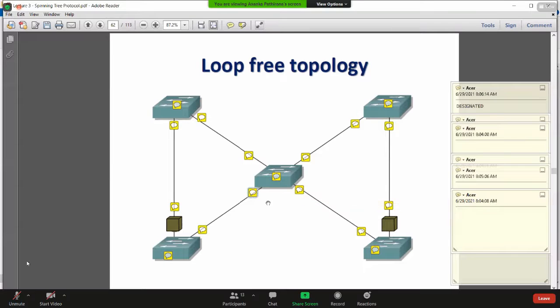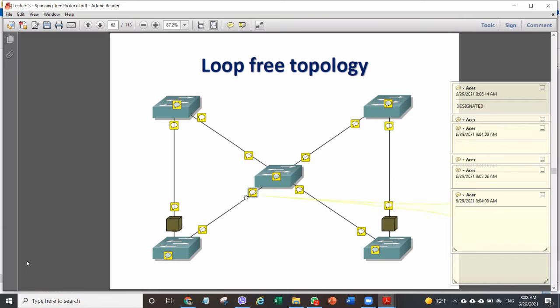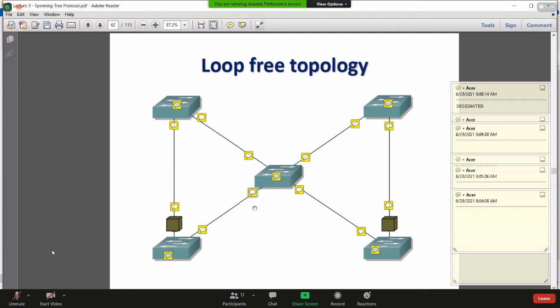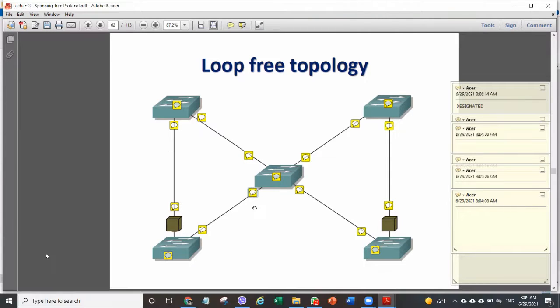Okay. So any other comment? One important thing, one clear statement: root port is not in the root bridge. Root port is not in the root bridge. So this is the root bridge. So the root port is not here.